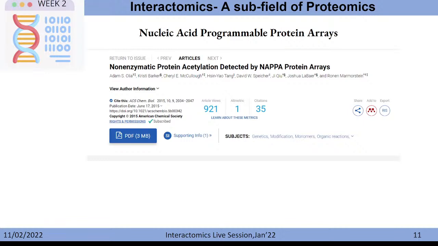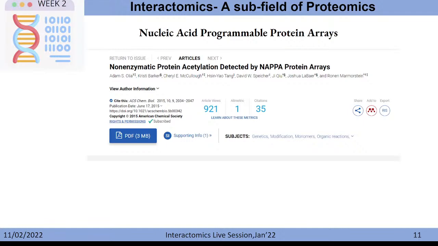So if such acetylation occurs in the system, how can it be detected using NAPPA arrays?